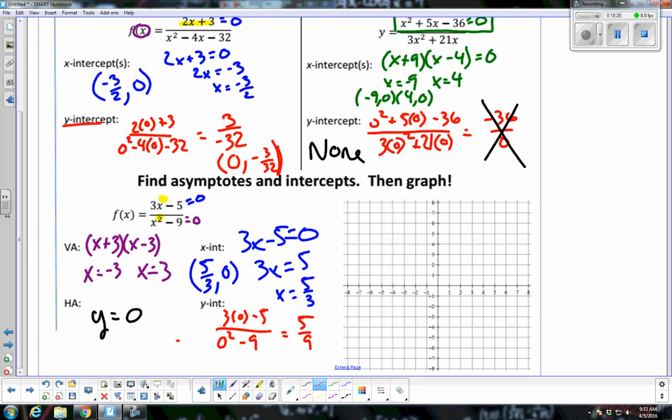Okay, so let's plot all that down. So 5/9 is about a half, so we know that's about right here. We know the x-intercept is at 5/3, which is almost 2, a little less. Okay, we know we have vertical asymptotes at 3 and negative 3.